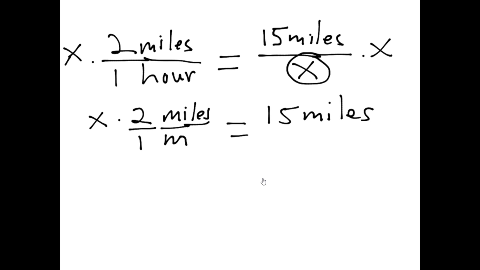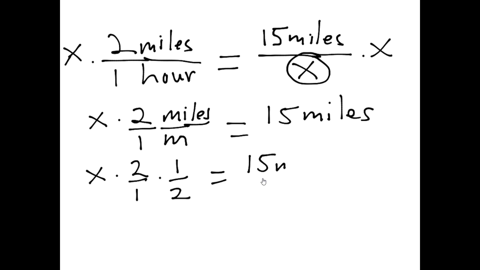All right? So now to get rid of the 2 miles per hour on the left-hand side, we just multiply by the reciprocal of that. So we say x times 2 divided by 1 times 1 divided by 2, and we do the same thing on both sides.